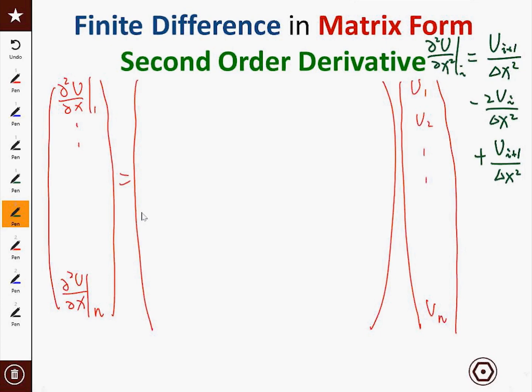I kind of factored out the over delta x squared for each term. The same as the second order finite difference operator we wrote down. So u i plus 1 minus 2 u i plus u i minus 1, everything divided by delta x squared. Now, if we have periodic boundary condition, how do I put this into the matrix?